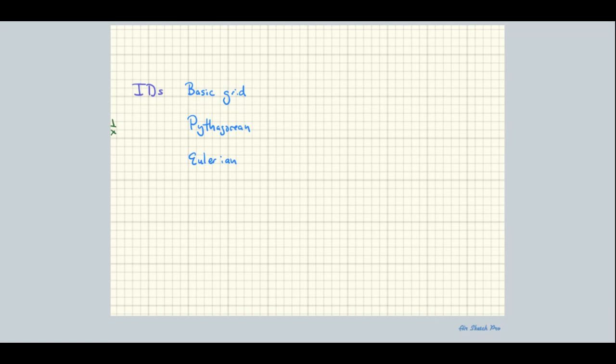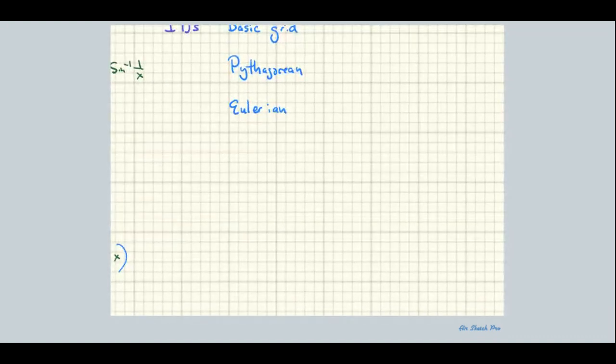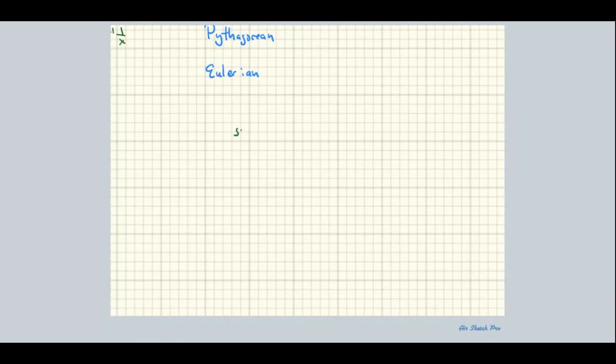Now, you get the basic grid identities just by looking at the grid. Sine, cosine, tangent. On the other side, we're going to get the reciprocals.